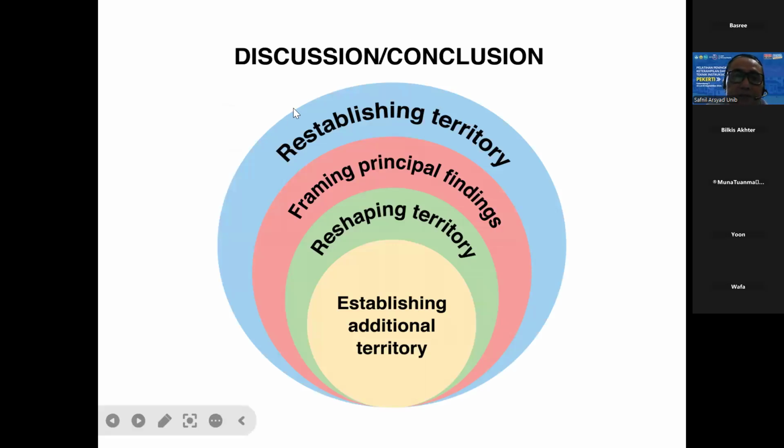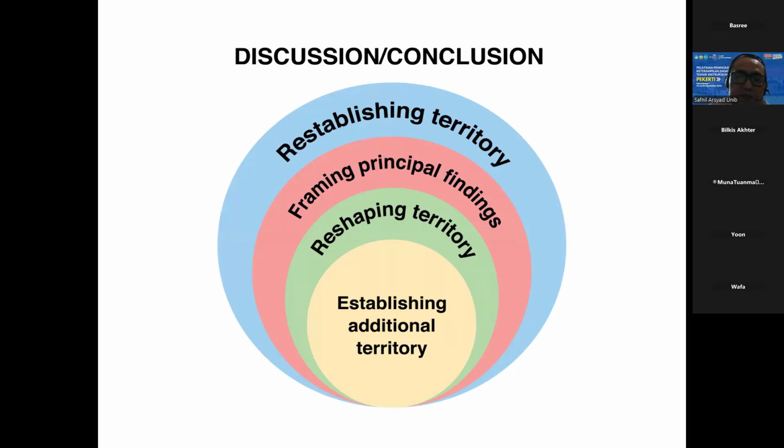Discussion and conclusion. So establishing territory. This is the area of our research. Framing principal findings. So what are the findings? The principal finding, the interesting and important finding. Reshaping territory.